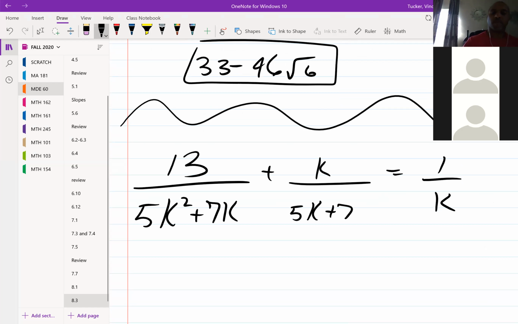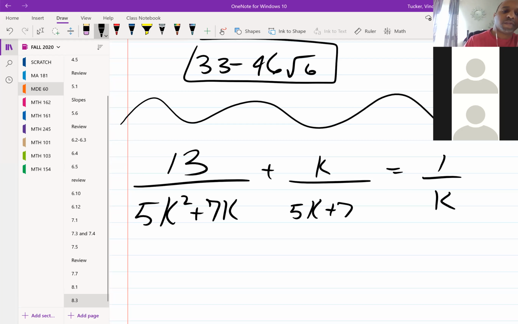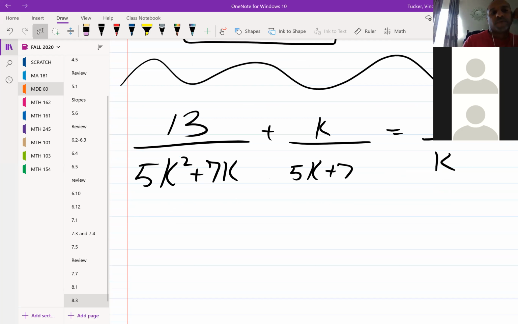All right, so there we go. We got 13 over 5k squared plus 7k plus k over 5k plus 7 equal to 1 over k. That first expression, 13 over 5k squared plus 7k, I will factor out the k.